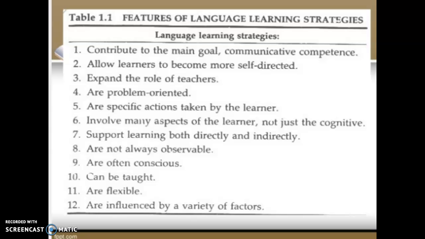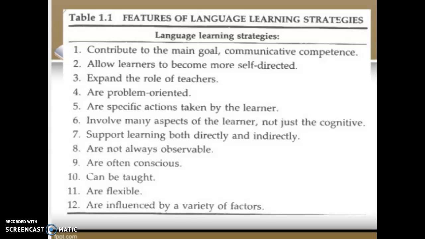Now here is the table of features of language learning strategies. There are 12 features. What are they? One, contribute to the main goal, communicative competence. Allow learners to become more self-directed. Expand the role of teachers. Are problem-oriented.